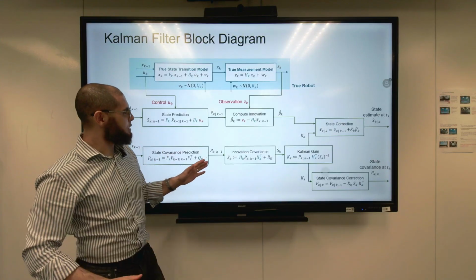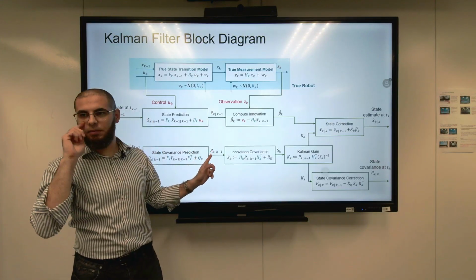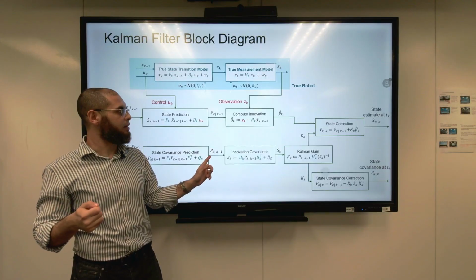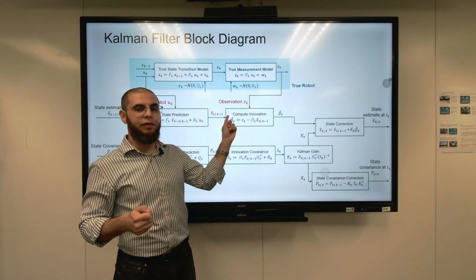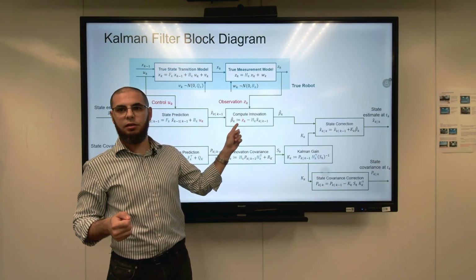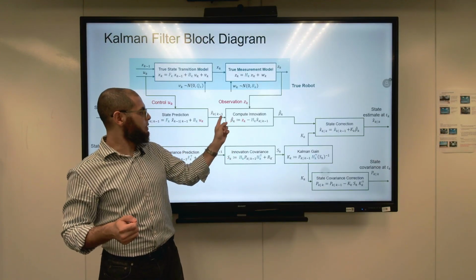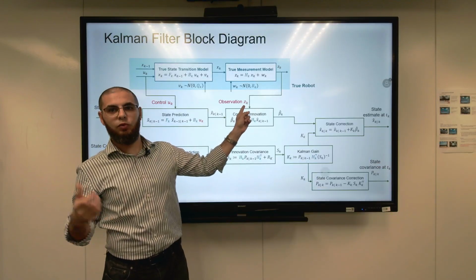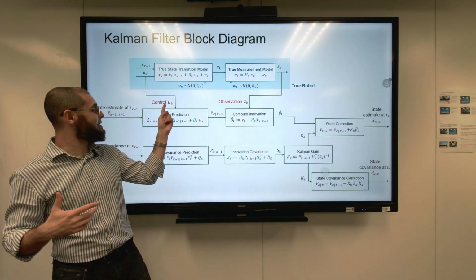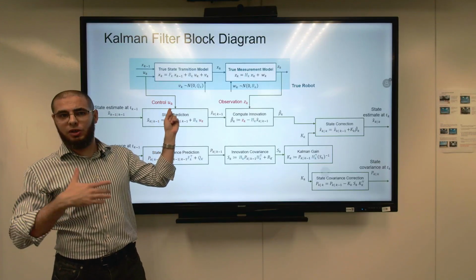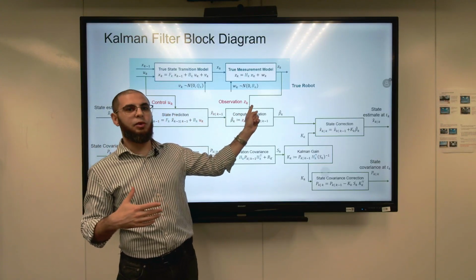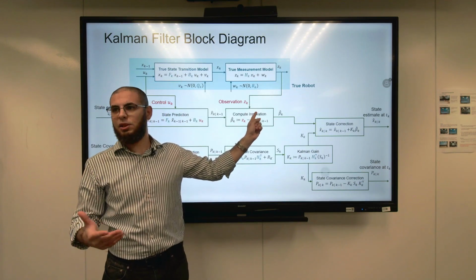And then afterwards, I take the x hat and the P that I just calculated, and I compute the innovation. To compute the innovation here, I subtract this from the observation, what I get from the sensor. So you see at this step, I use the control input, which are the proprioceptive sensors. And at this step, I use the observation, which is the exteroceptive sensors.